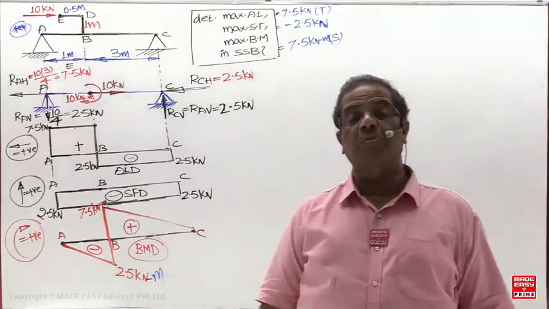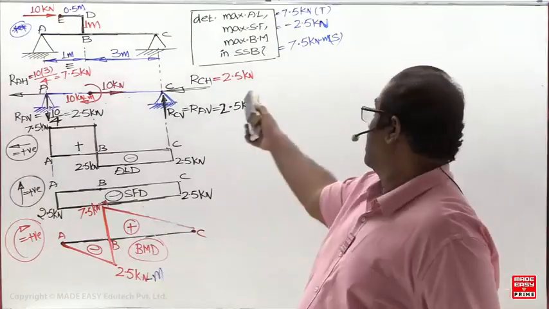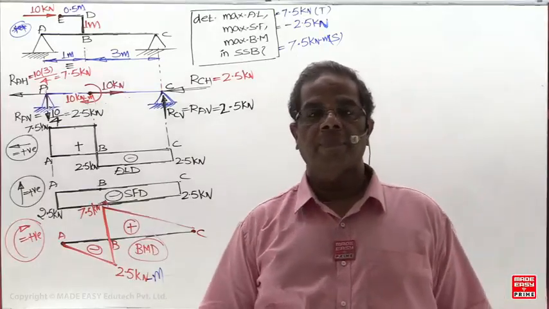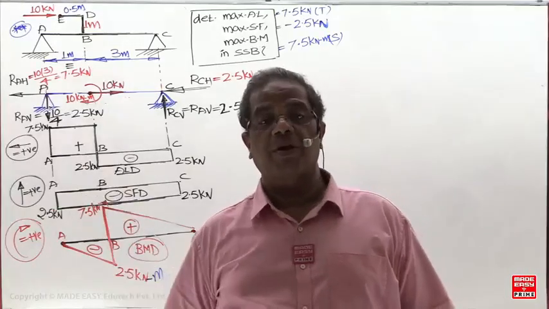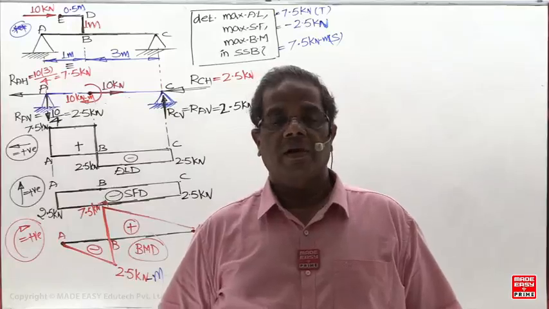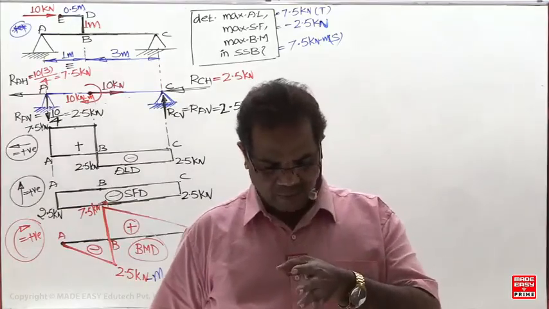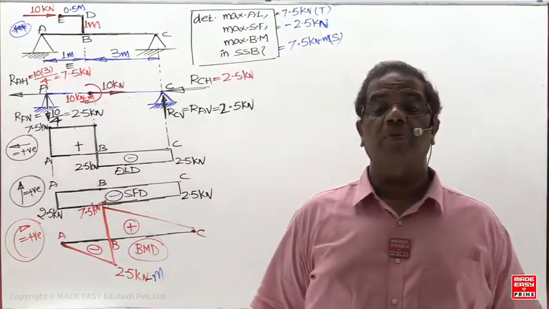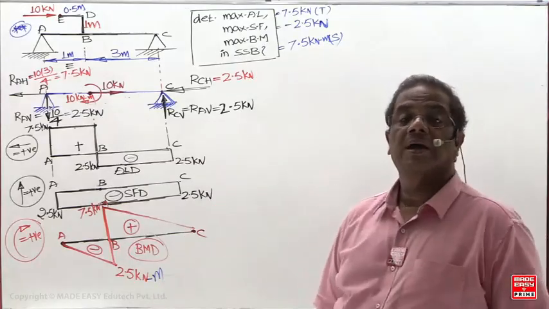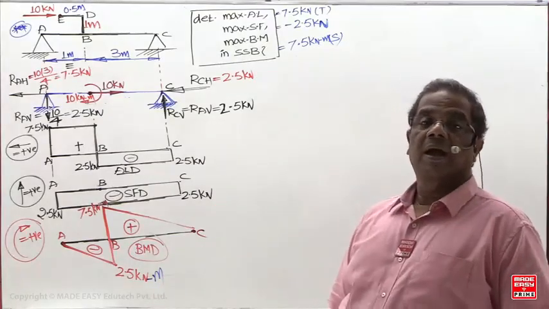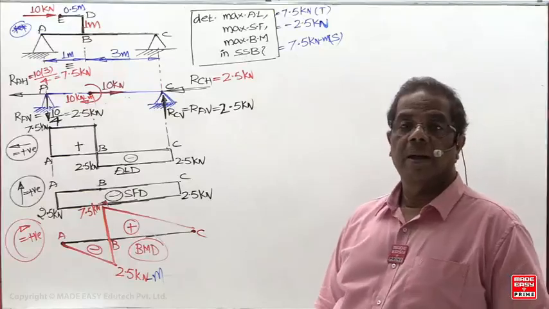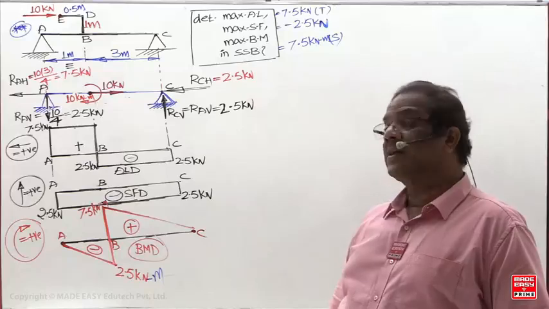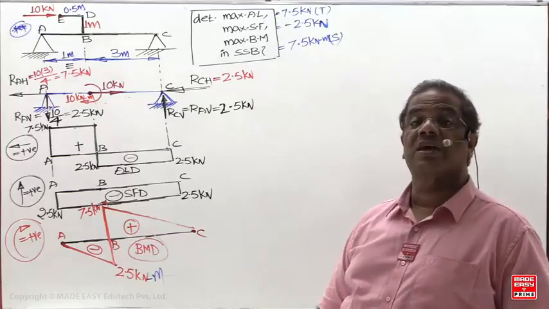Now, if you ask the same question, this you have done for the simply supported beam. Now, if you ask the same question like this, determine axial load, shear force, bending moment at different cross sections of the structure.